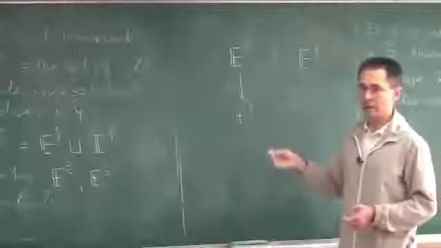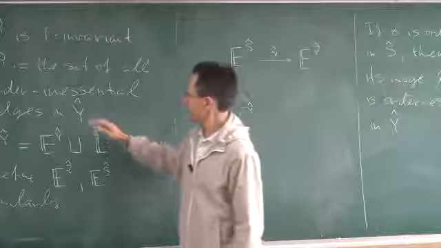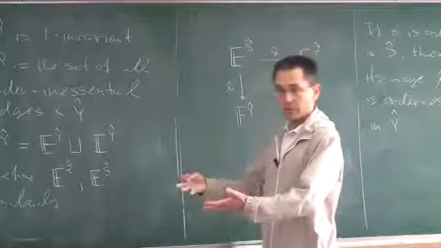So we do exactly the same thing here. It's just a restriction of that diagram. Since this is a gamma invariant set, we can take the quotient.